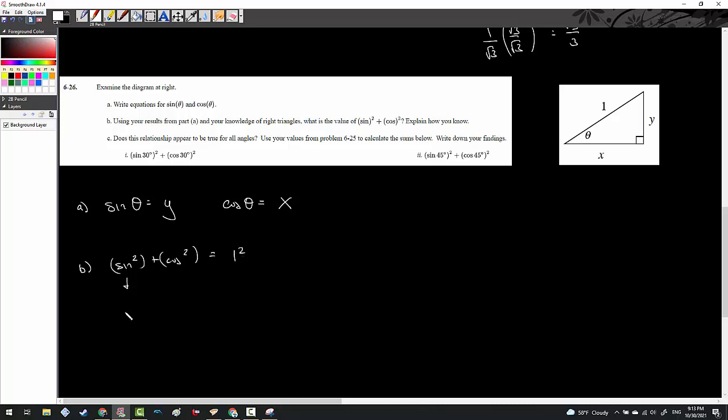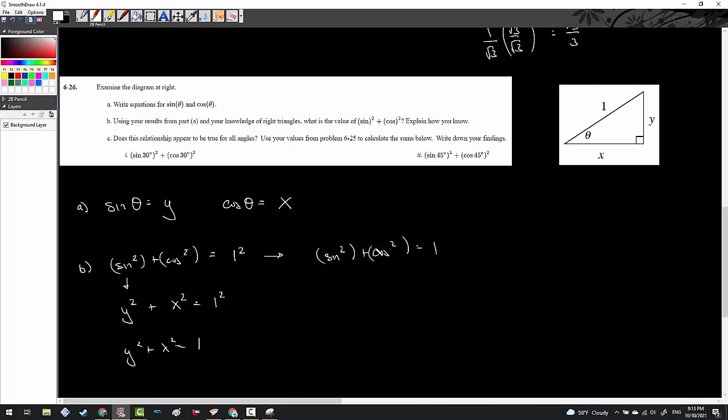Because sine of theta is y, so y squared, plus cosine is x, so that's x squared, equals 1 squared. So it looks like y squared plus x squared equals 1, which means I'm pretty sure that sine squared plus cosine squared equals 1 somehow.